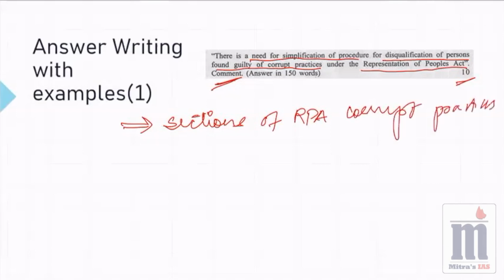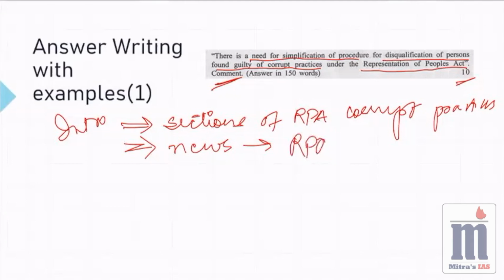This is one way of writing its introduction. Another way is, if there was something recent in the news where the corrupt practices section of RPA was talked about, you can mention that news also.